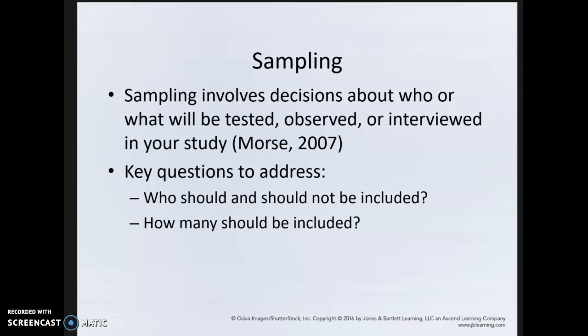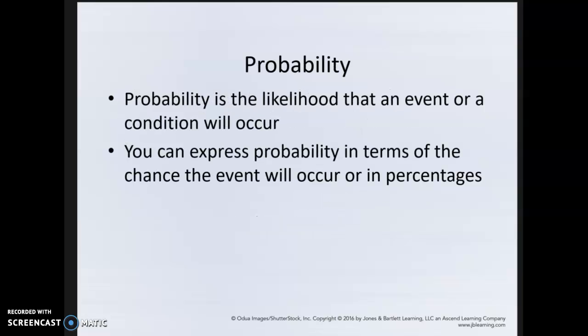And that includes, if you're looking at a very broad picture or a very focused picture, depending on the population or the area of focus. So when we're looking at probability, it's really looking at the likelihood that an event or a condition will occur. So we can look at probability in terms of chance or in percentages.